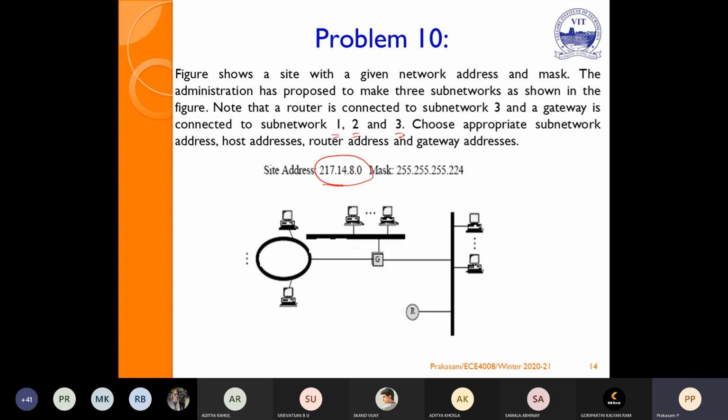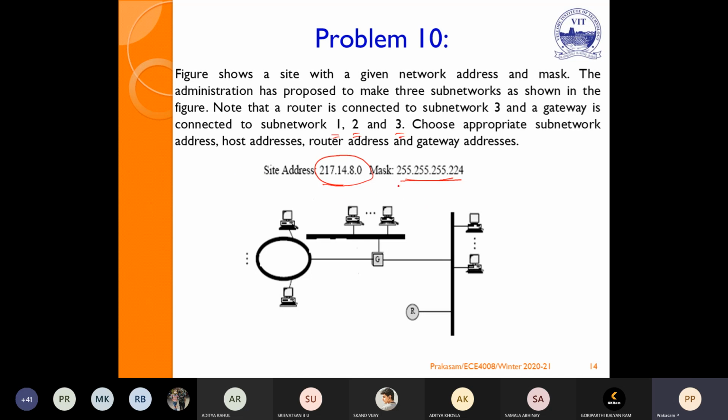In this case, the mask is given. Sometimes we won't give the mask; we will say only that we need 3 subnets. In those cases, you have to find the number of bits to be allocated for the subnet, and the remaining you can utilize for the host.